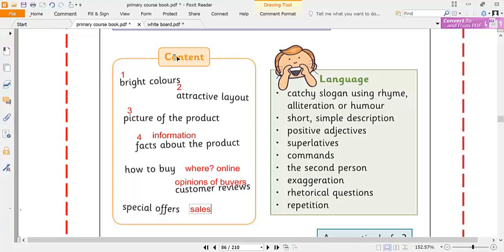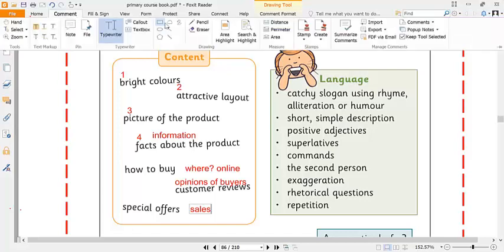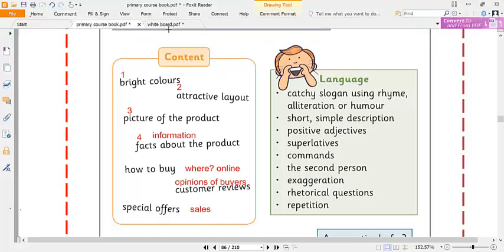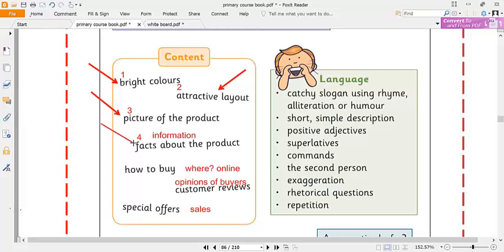So again and again, if I asked you to write an advert, you should include these elements in the advert. Some bright colors, attractive layout, picture of the product, facts about the product, how to buy, customer reviews, and special offers.